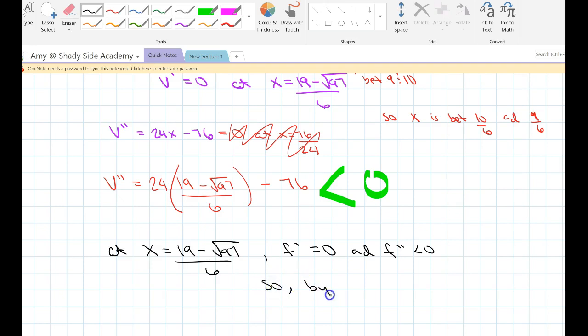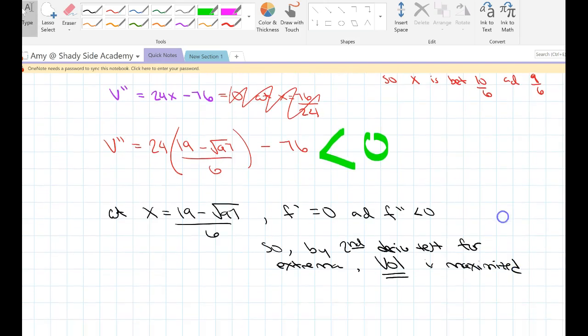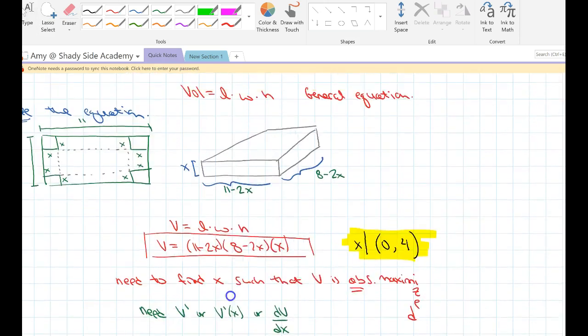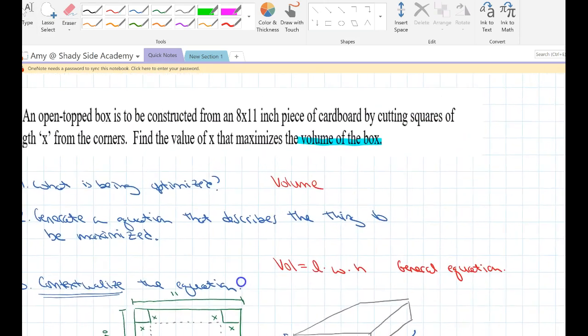So by the second derivative test for extrema, what must occur? Volume is maximized at what cut length? At x equals 19 minus radical 97 all over 6 inches.